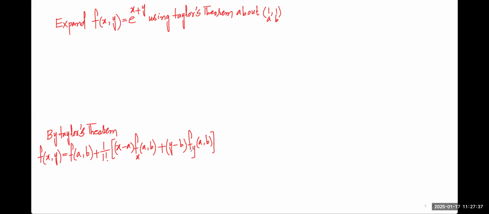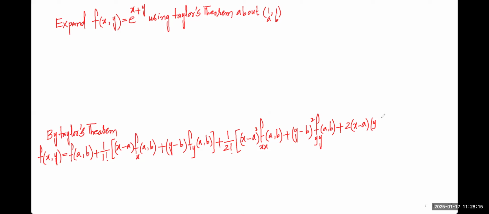Now assuming this is a and this is b, so we expand a plus b whole square. 1 by 2 factorial into, that is x minus a whole square into f double x of a comma b plus y minus b whole square into f double y of a comma b plus 2 into x minus a into y minus b into fxy of a comma b plus and so on.